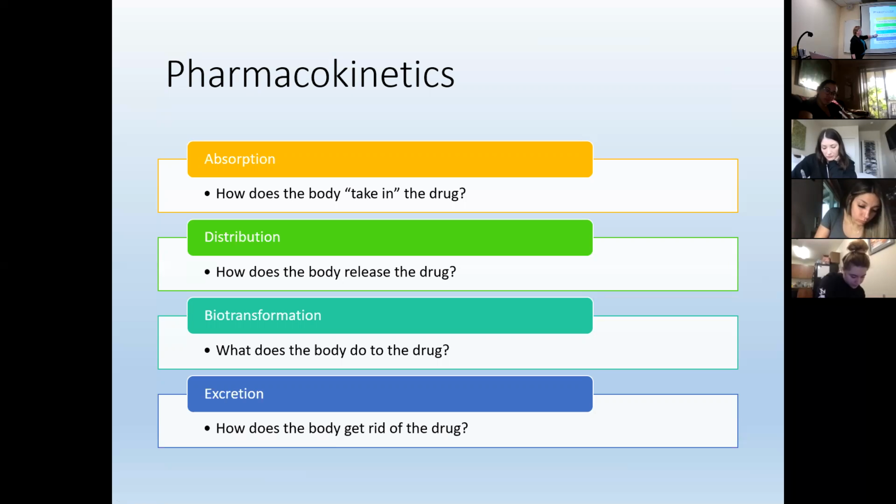Biotransformation is important. What does the body do to the drug? Is it going to carry it? Is it going to bind with it? Is it going to just ignore it? What is the body going to do in biotransformation? And then excretion is important.